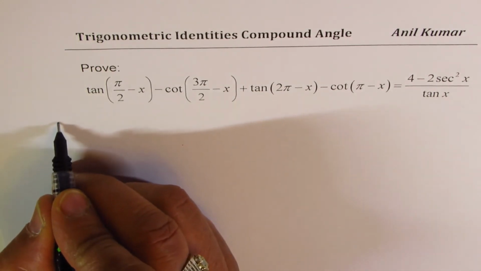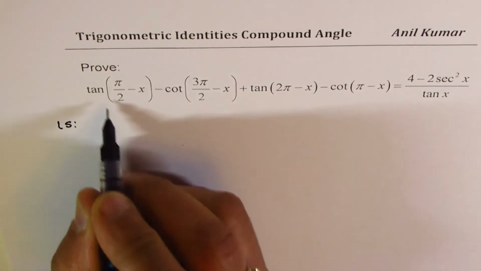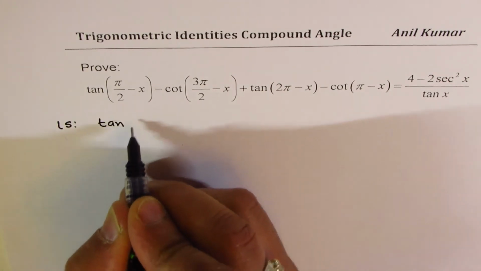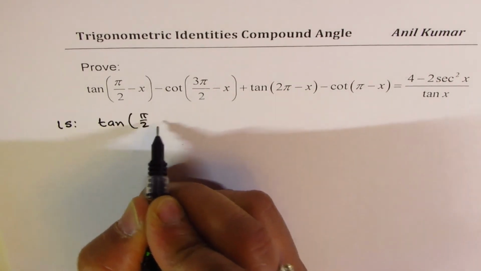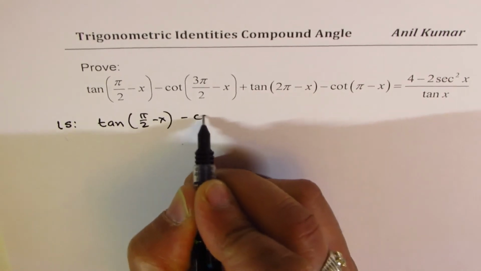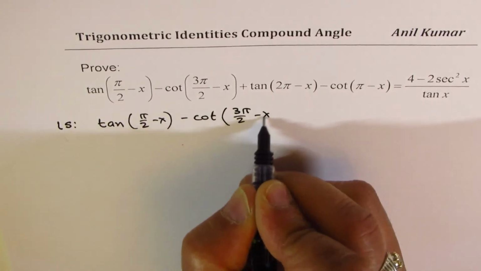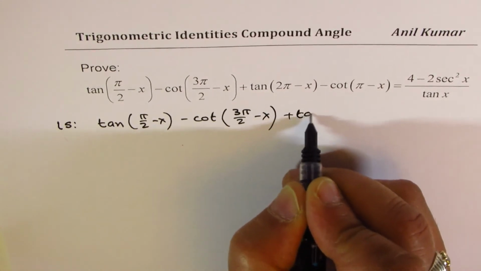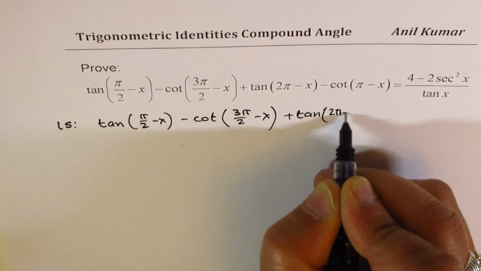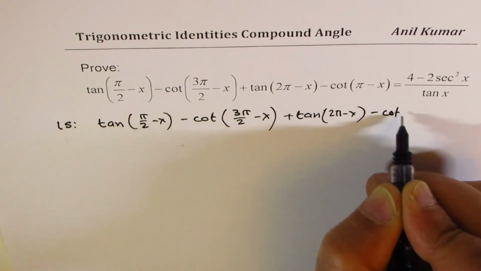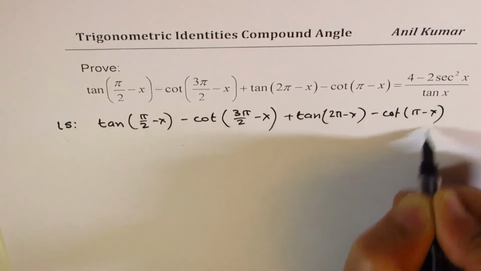So let's begin with the left side. On the left side we have tan pi by 2 minus x minus cot 3 pi by 2 minus x plus tan 2 pi minus x minus cot pi minus x, correct?